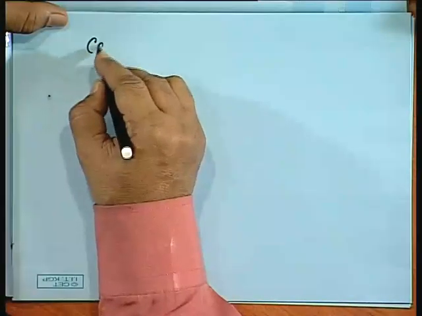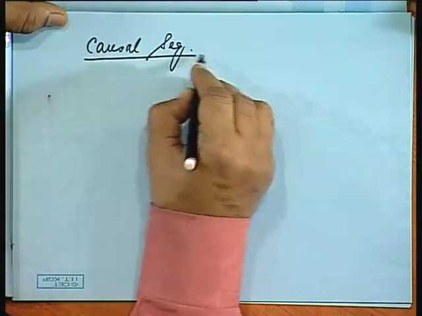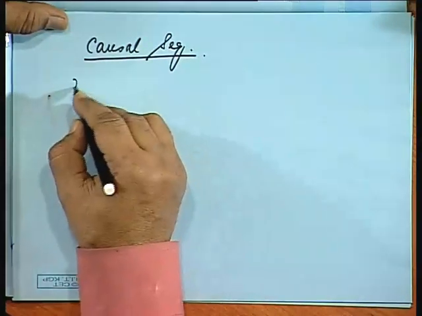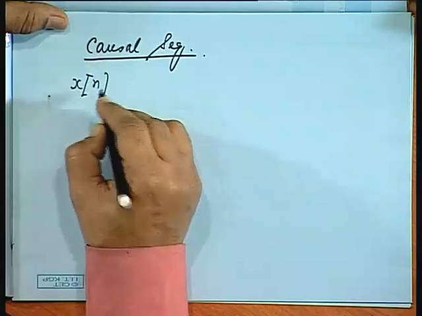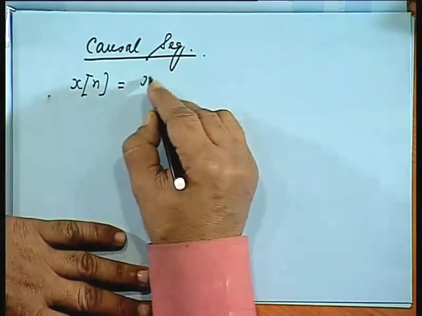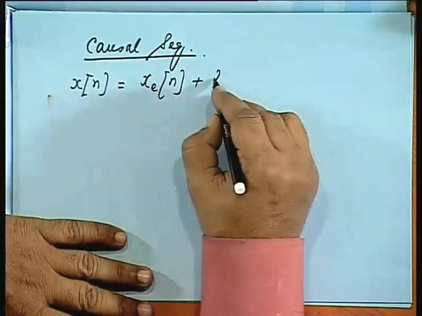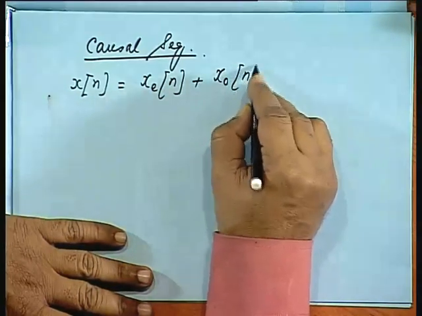Now, we will take a causal sequence. Xn, causal or non-causal, any sequence I can write as an even part and an odd part.